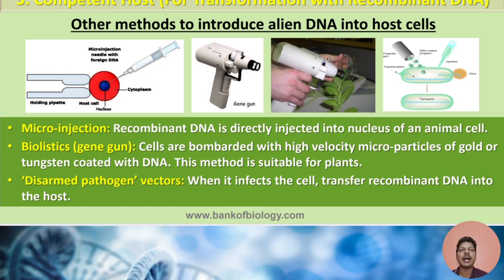This method is suitable for plants. This one is a gene gun, as you can see. Directly it goes inside the plant cells. Then disarmed pathogen vectors. When it infects the cell, it transfers recombinant DNA into the host. These are disarmed pathogens. And the microinjection.